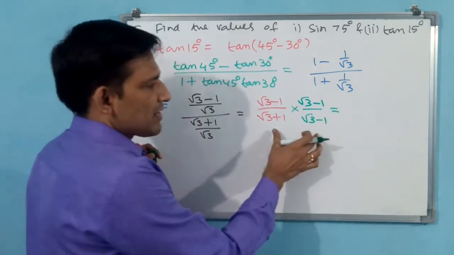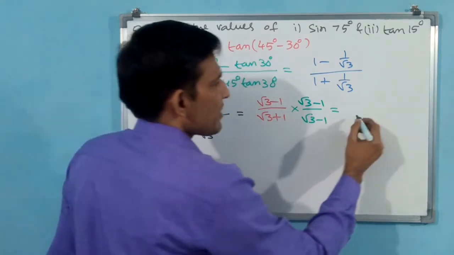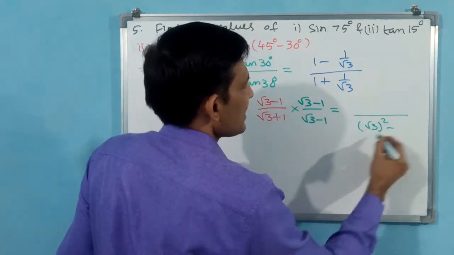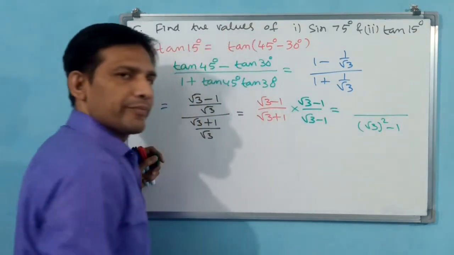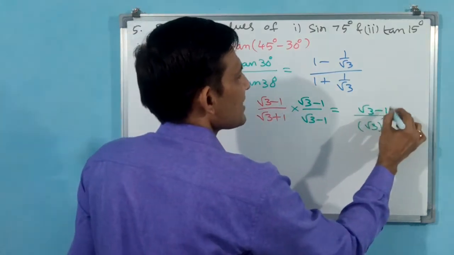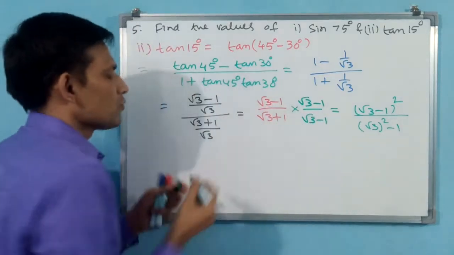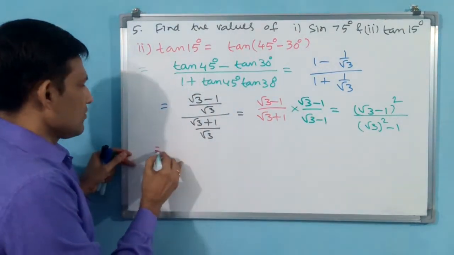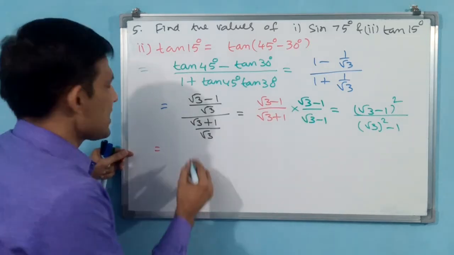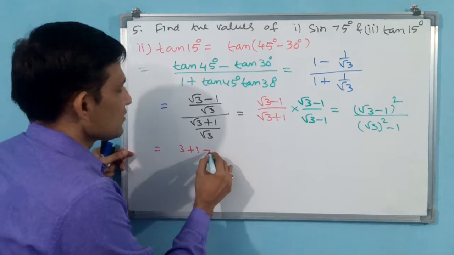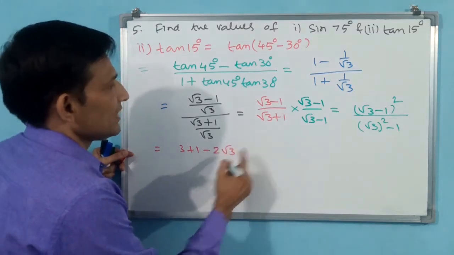Okay. Now the bottom: a plus b into a minus b, a square minus b square, is going to become root 3 square minus 1 square. Here the numerator is root 3 minus 1 whole square, because root 3 is there. Now numerator you see, a square 3 plus b square 1 minus 2ab, minus 2 root 3.